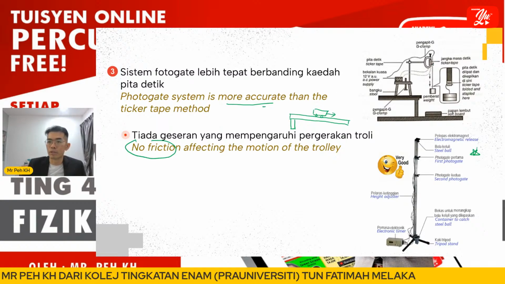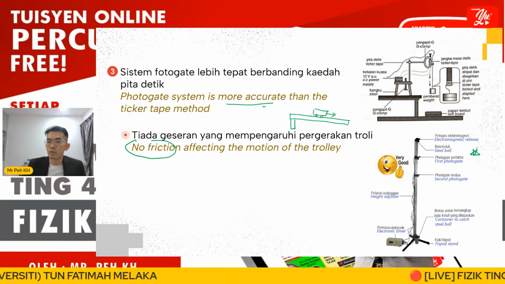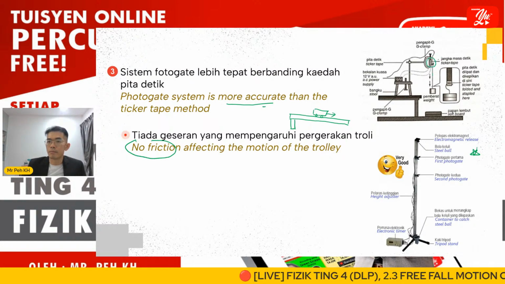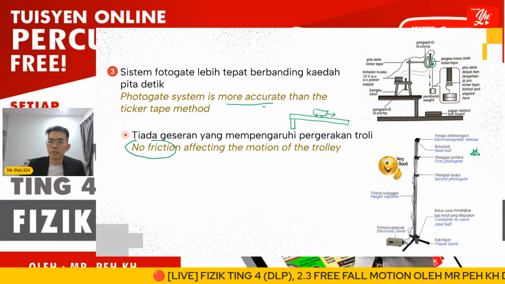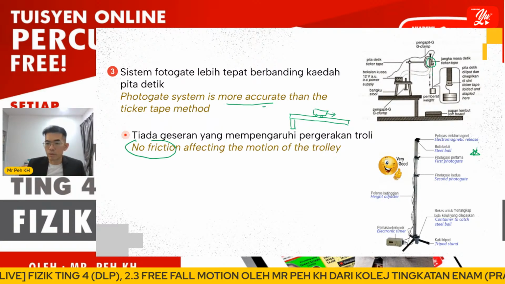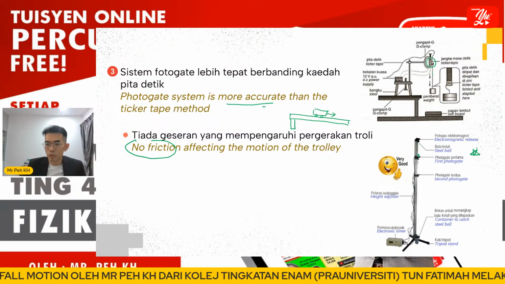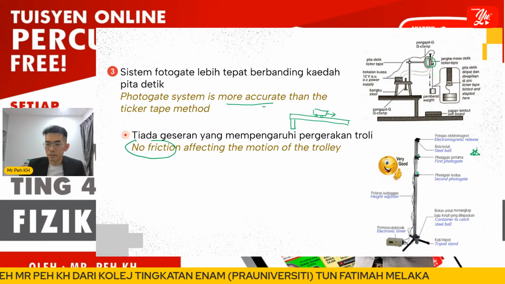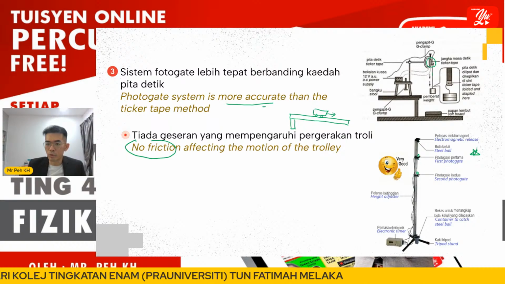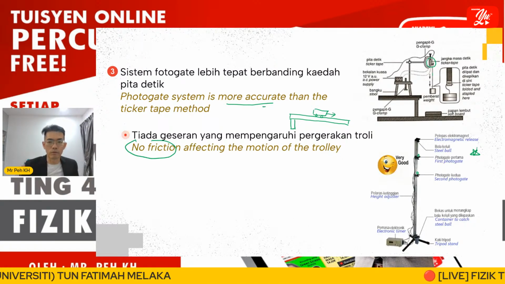But here, friction can occur when the ticker tape is passing through the ticker timer. So here we can also reduce the friction, because when the steel ball drops, it will not touch any surface and will pass through the first photogate and second photogate. So this will be more accurate for our reading.